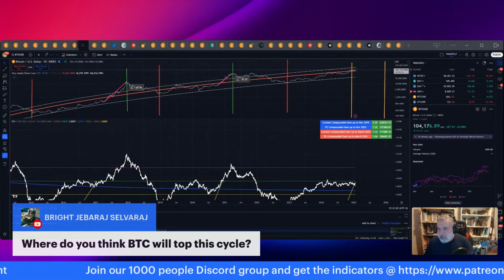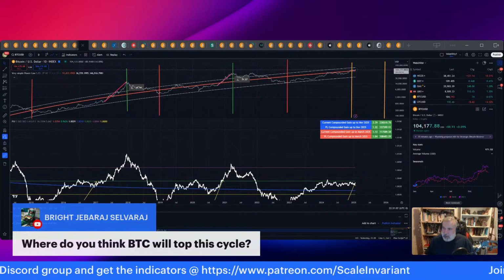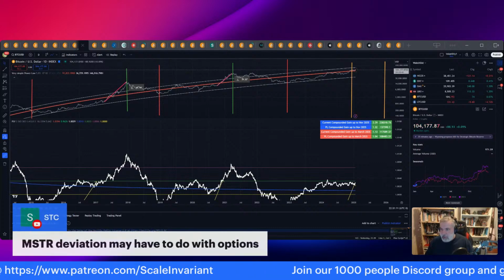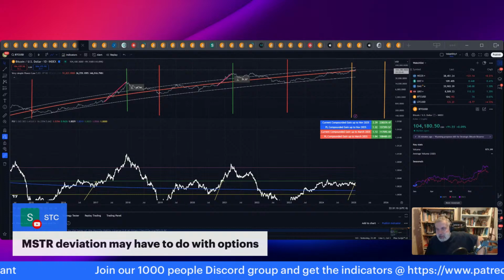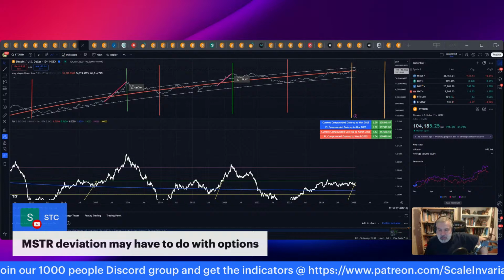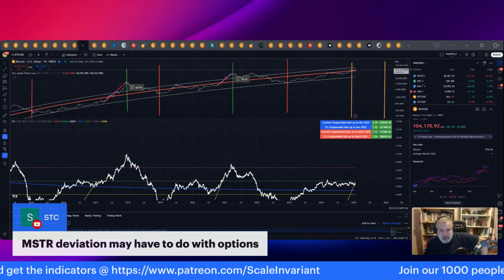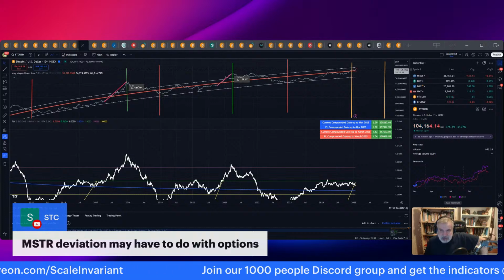MicroStrategy deviation may have to do with options. Yeah, I think when you have this large deviation from MicroStrategy, it's mostly speculation, right? And options is one of the tools, because there is much more. There are Bitcoin options, but the market is not that active.